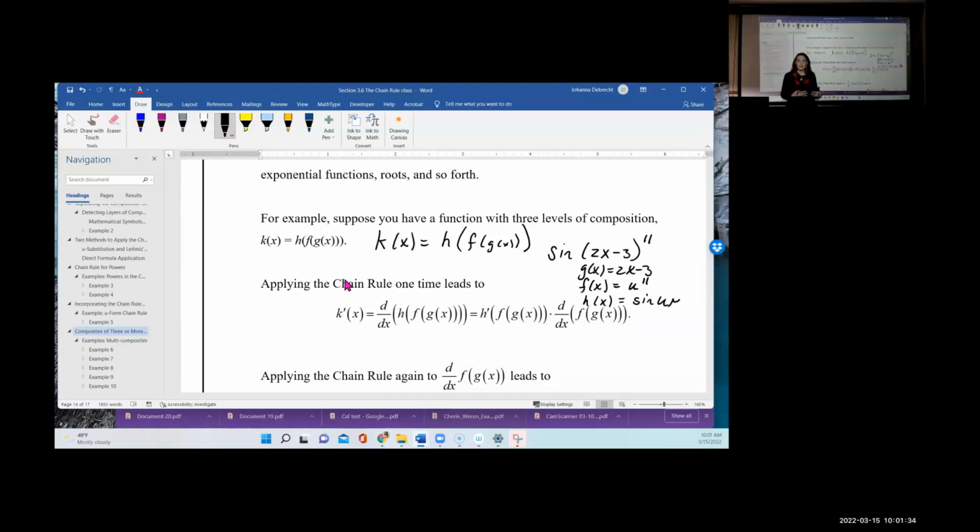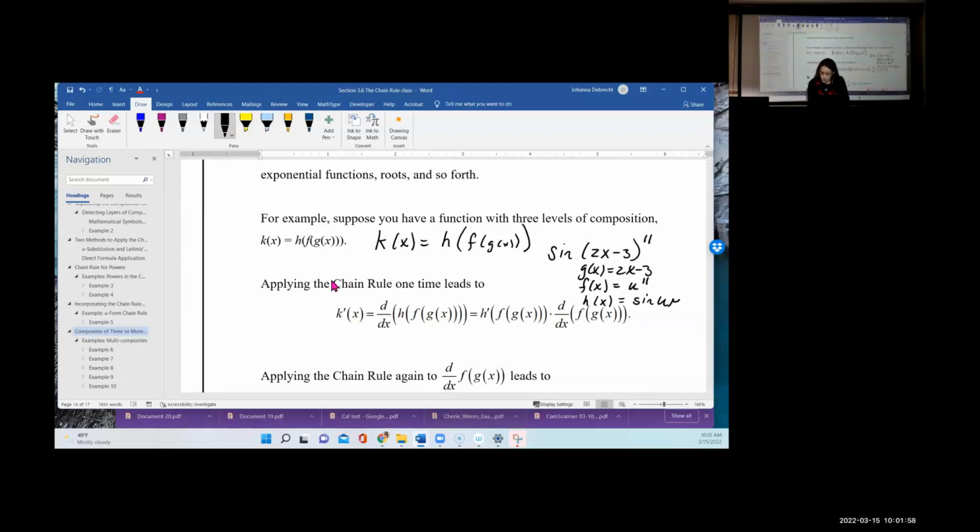How would we find the derivative of something like sine of 2x minus 3 to the 11th? Well, we pull it apart the same way you have to pull apart an onion. To get an onion pulled apart, you have to pull apart the outer layers first. So we attack the outermost layer, which is the outside function, which is sine.